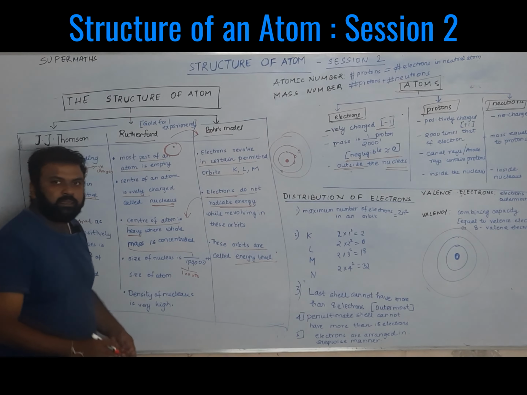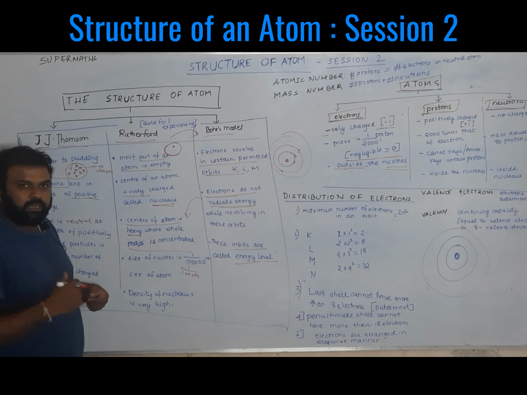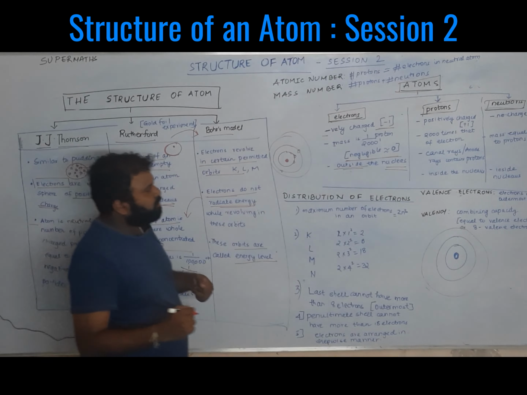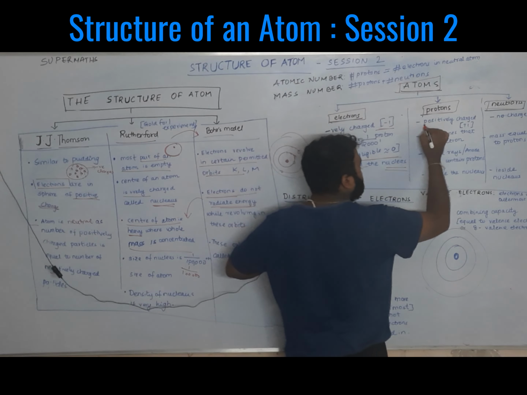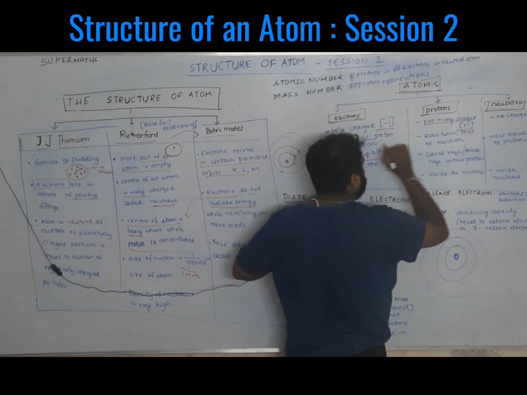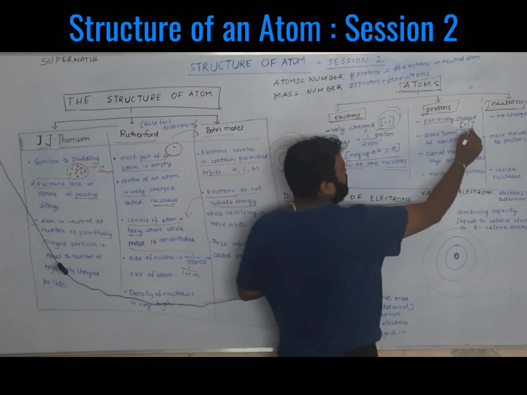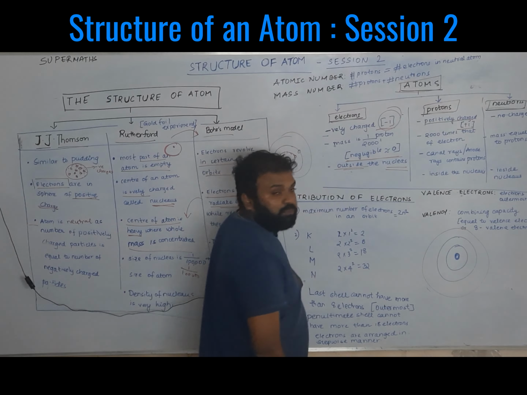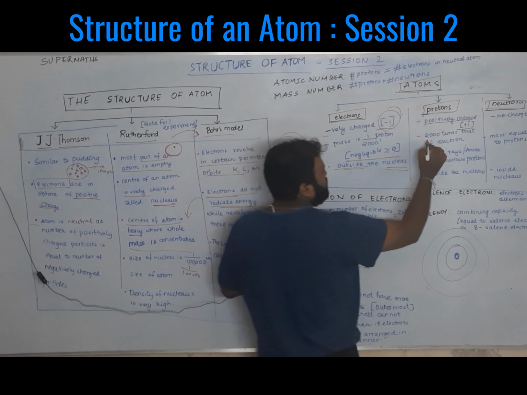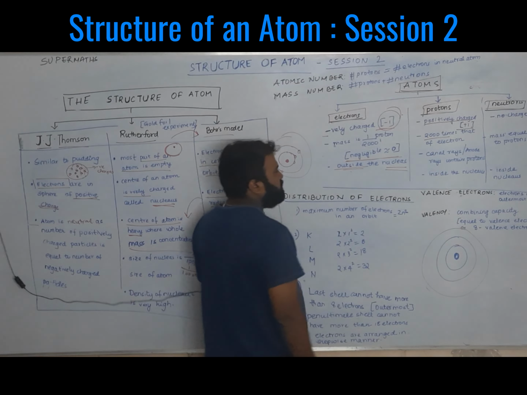And next you have protons. Protons, they are positively charged. If the charge of this is -1, the charge of this will be +1. They are very heavy, 2000 times the size of an electron.